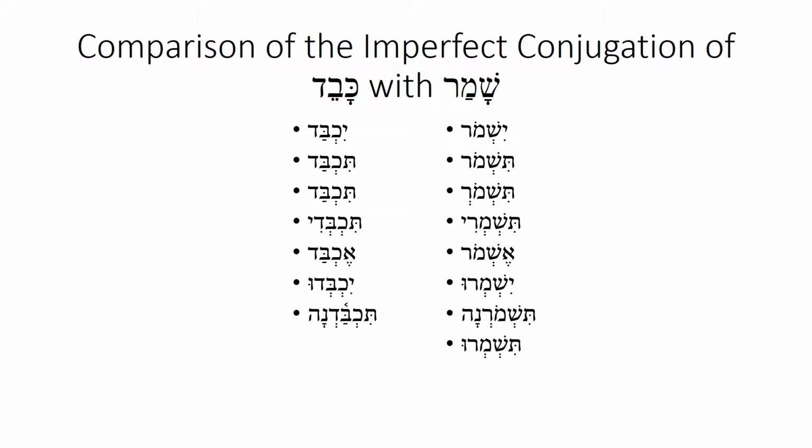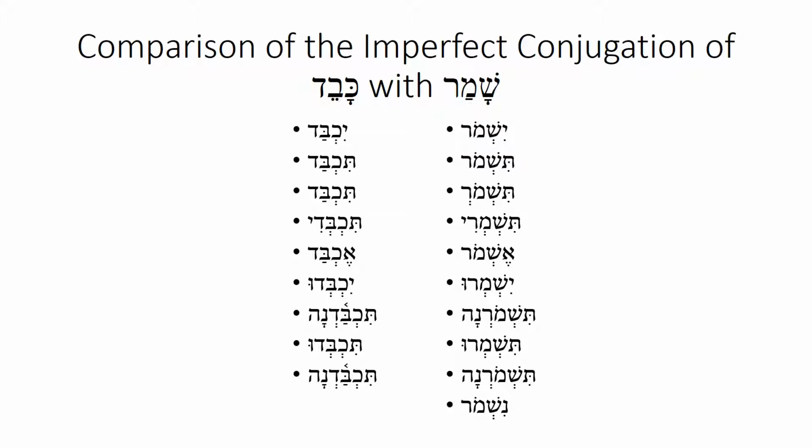We don't see it in this form, tishmeru or tikbedu, but we do see it in tishmorna. Rather than a holem, we have a patha in this form, tikbadna.